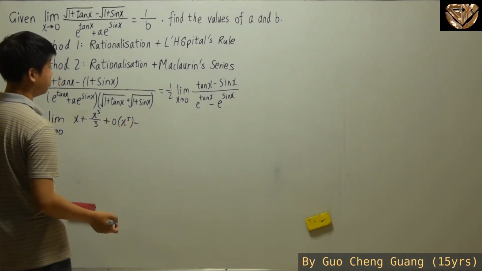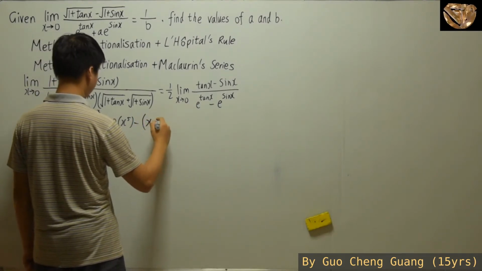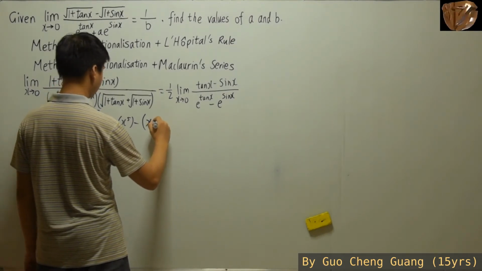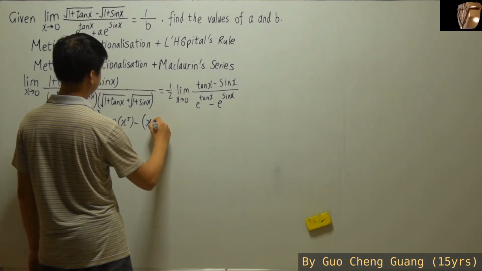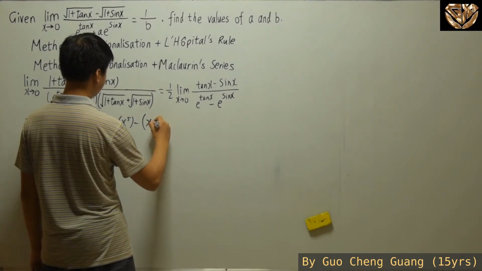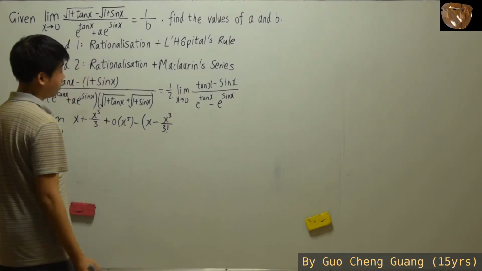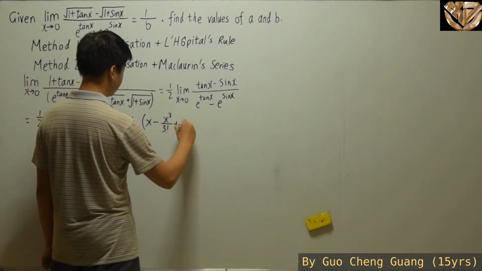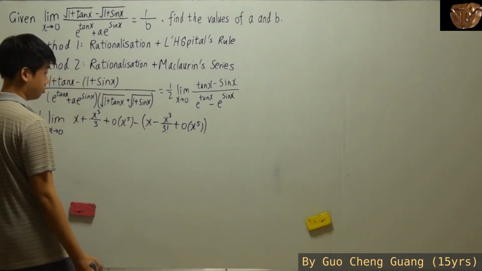Then you subtract sine, which is x minus x cubed over 3 factorial, plus little o notation x to the power of 5, and so on.